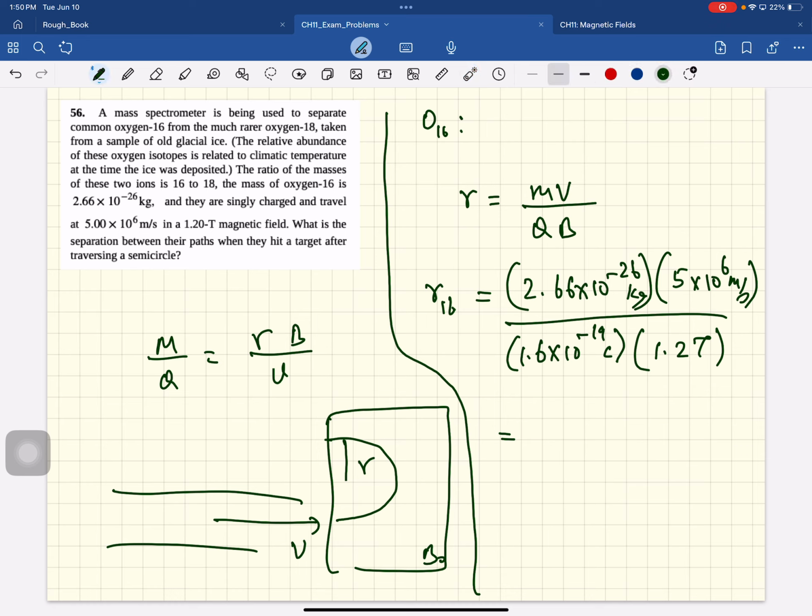So the radius is 2.66 into 0.5 divided by 1.6 into 1.2 meters. 0.7 meters.